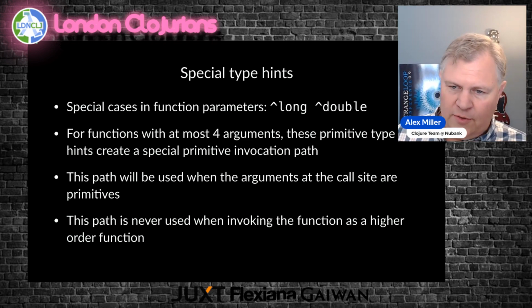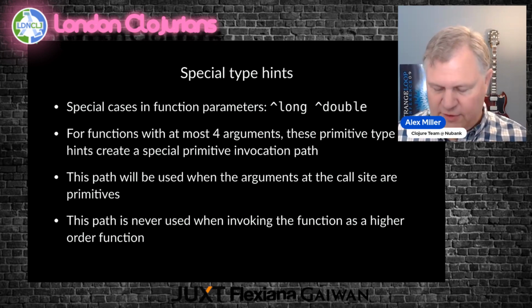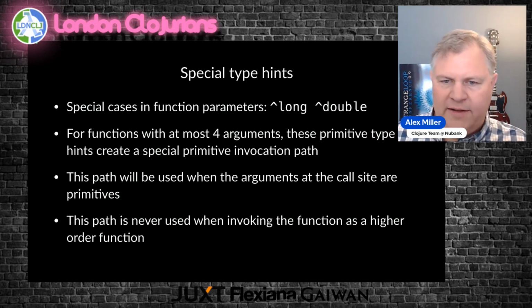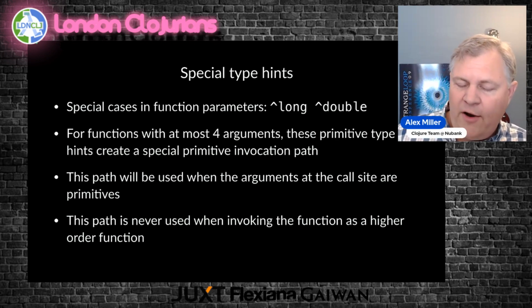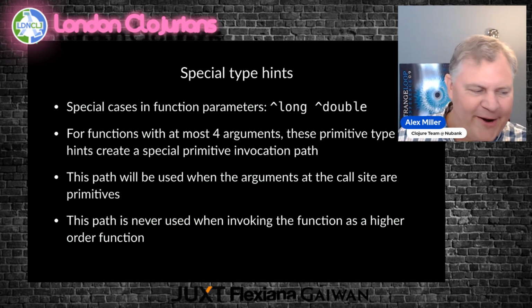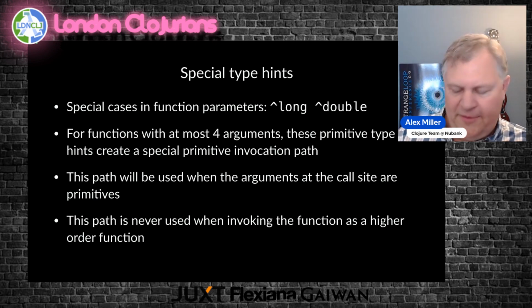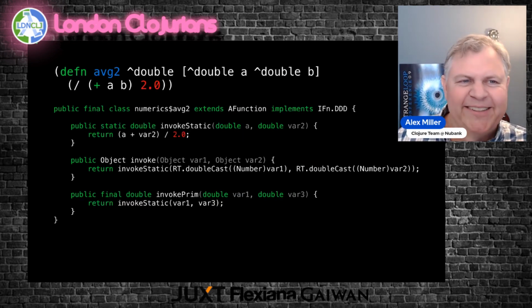So you're adding an additional primitive invocation path, but you don't actually get the use of that in higher order contexts. That may not always be the case. So this is an area that we continue to talk about off and on, and would love to have an alternate path there to maybe make use of that. It's complicated, so we'll see.